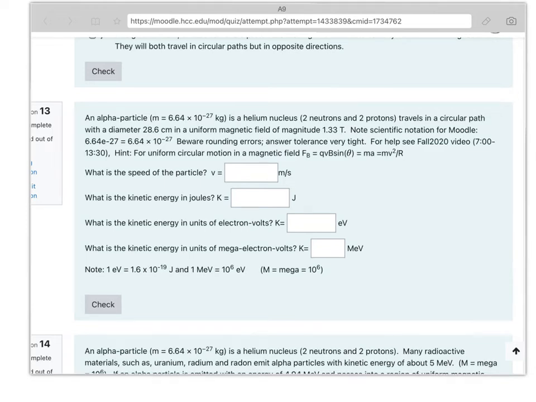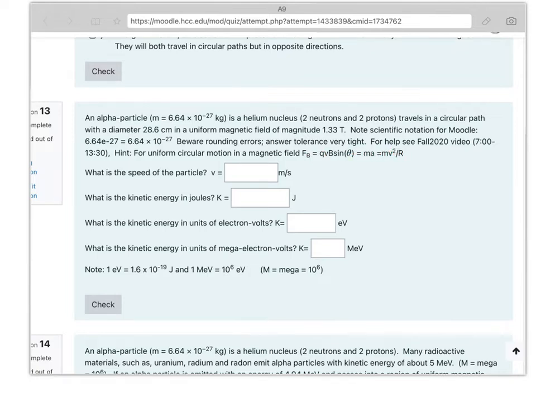So in problem 13, read through it. I added a little note about the video labeled Fall 2020 video. Between minute 7 and minute 13:30, I discuss what I'm going to talk about briefly now. And here's a hint that I'll also talk about.